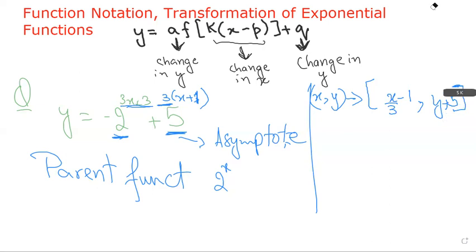Let's see some more examples on it. For instance, I have a question and it says y equals 3 times 2 to the power negative x minus 4. In this case, first of all, what will be my asymptote? Just think of it.